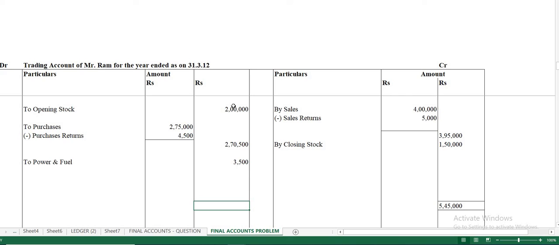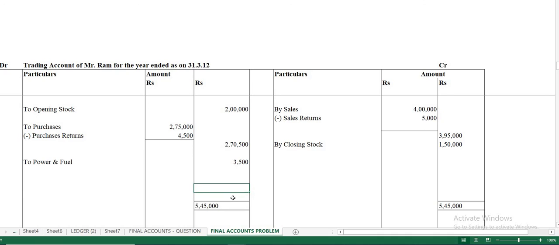Here also, if you see, it is less only. So 5,45,000, most probably you will be getting gross profit only. Okay, so 5,40,000 you found out. Now this 5,40,000, this entire amount, either you total and subtract from this, or check the balancing figure: 5,45,000 minus 2 lakh minus 2,70,500 minus 3,500.